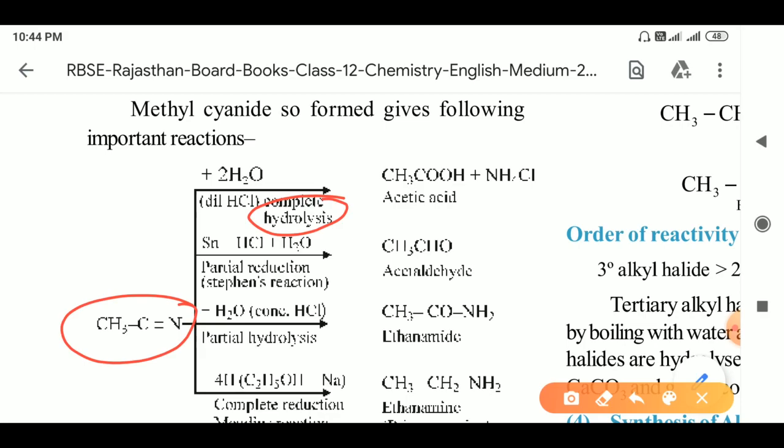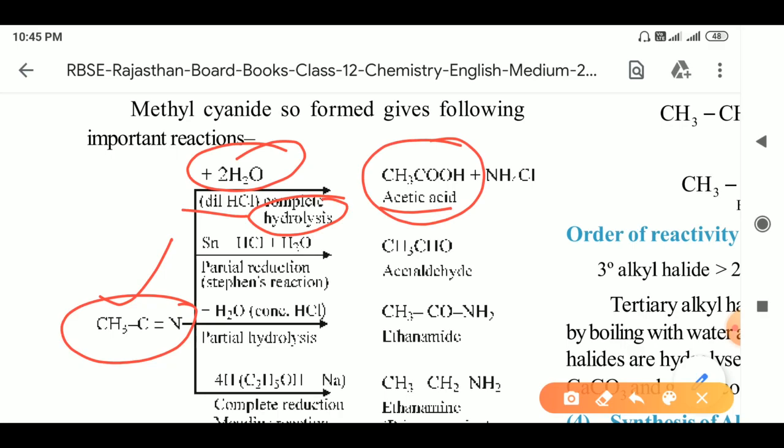When CH3CN reacts with 2H2O in the presence of dilute HCl, it forms acetic acid plus NH4Cl. Acetic acid, vinegar, is formed after the hydrolysis of CN.